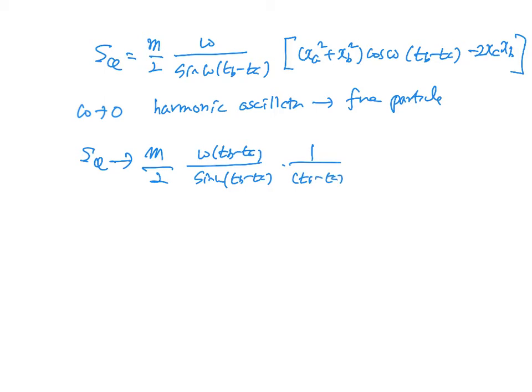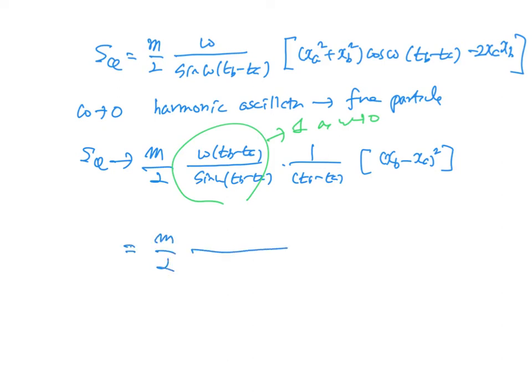When omega becomes 0, this cosine is 1, so this is (xb minus xa) square, and this goes to 1 as omega goes to 0, so it becomes m over 2 (tb minus ta) times (xb minus xa) square. So this is the same as before. This is the action for the free particle, more like a classical action.